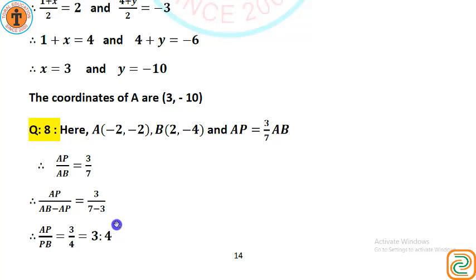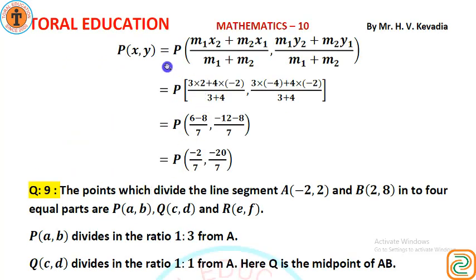And we have to find coordinates of P. We have the ratio now. Now we will use the section formula. P(x, y) equals (m1 x2 plus m2 x1 upon m1 plus m2, m1 y2 plus m2 y1 upon m1 plus m2). Right? m1 is 3, x2 is 2, m2 is 4 and x1 is minus 2 upon 3 plus 4.